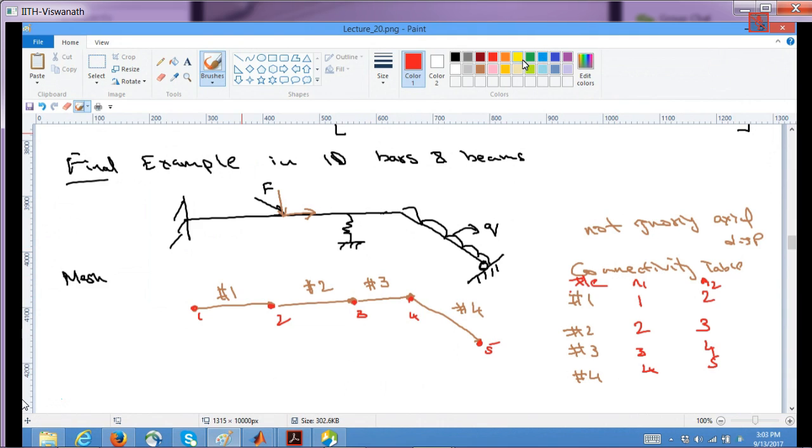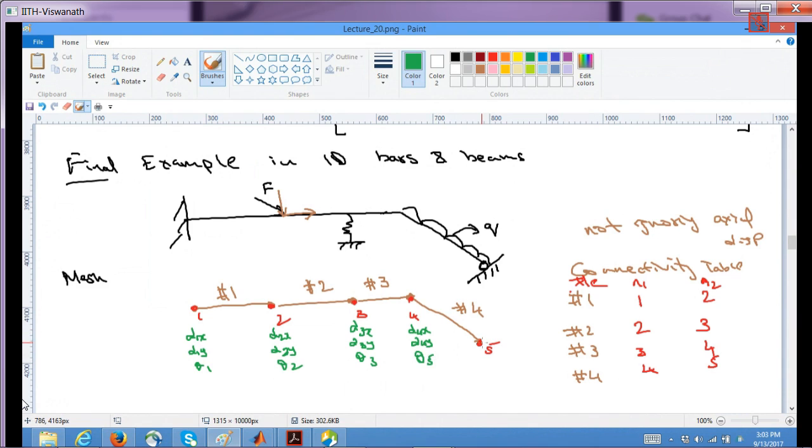The degrees of freedom would be d1x, d1y, theta 1, d2x, d2y, theta 2, d3x, d3y, theta 3, d4x, d4y, and theta 4.